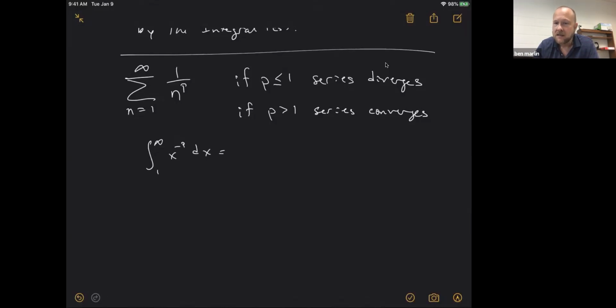But if p is not equal to 1, then you take your x and you add 1 to the power, and then you will be dividing by that and plugging in 1 to infinity. And so when you have 1 over 1 minus p, and this x to the 1 minus p, if p is more than 1, then you've got a positive power of infinity, right?